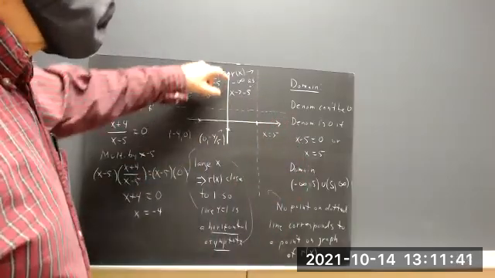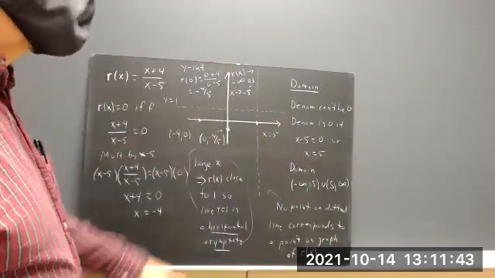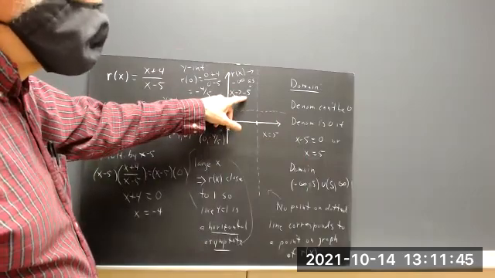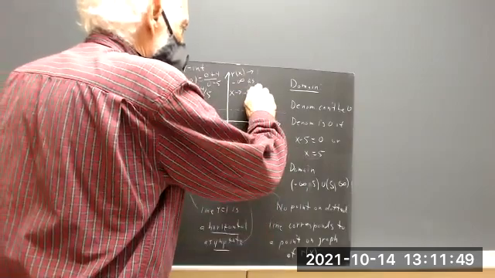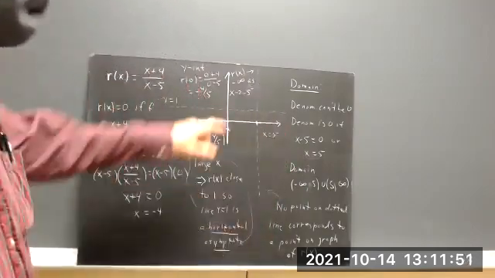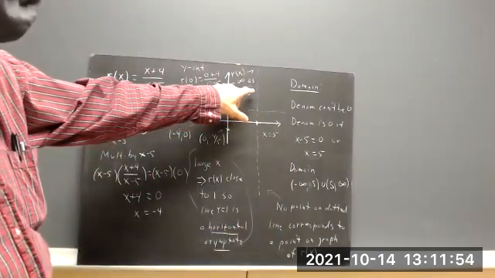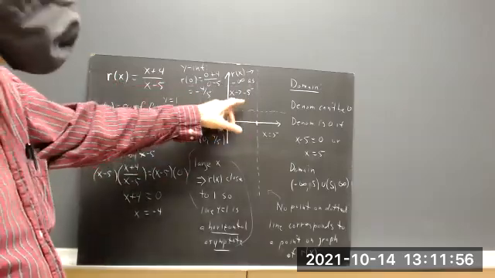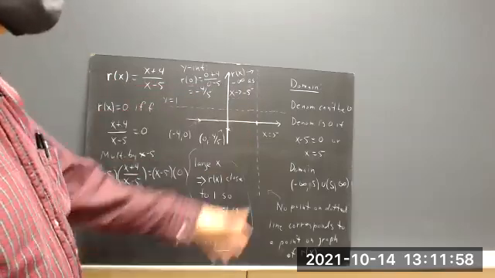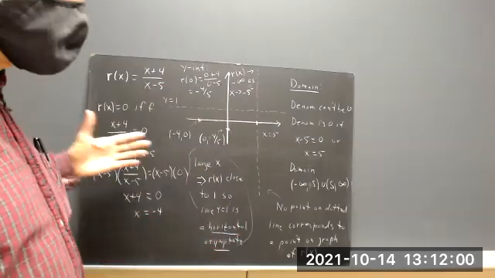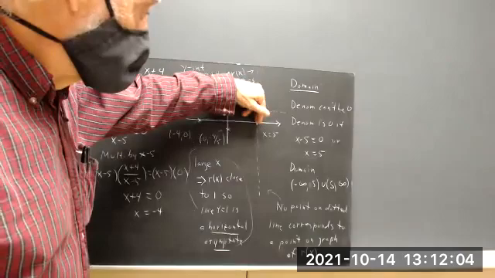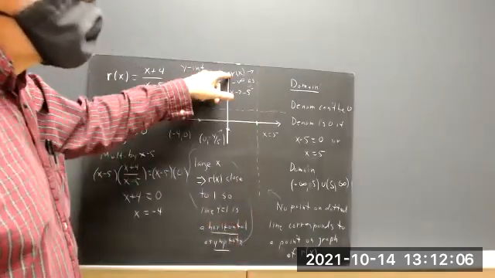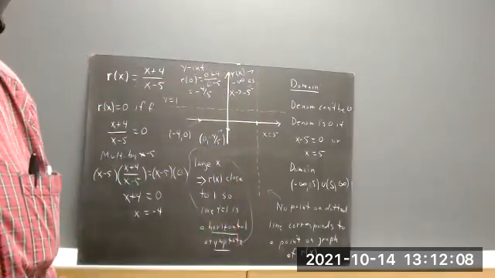The way I've written it, r of x approaches infinity as x approaches 5, and I've got a minus sign here. I should put it with the 5 to make sure. As x approaches 5 from below, meaning from numbers less than 5, from the negative side, r of x approaches negative infinity.